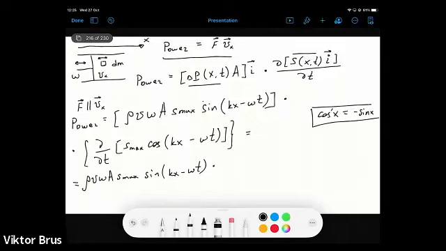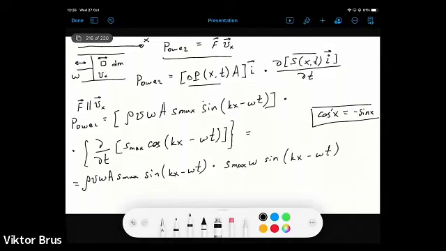We cancel out these two minuses, and that ends up in s maximum times omega, which is the derivative of the argument of the cosine, times sine of kx minus omega t.